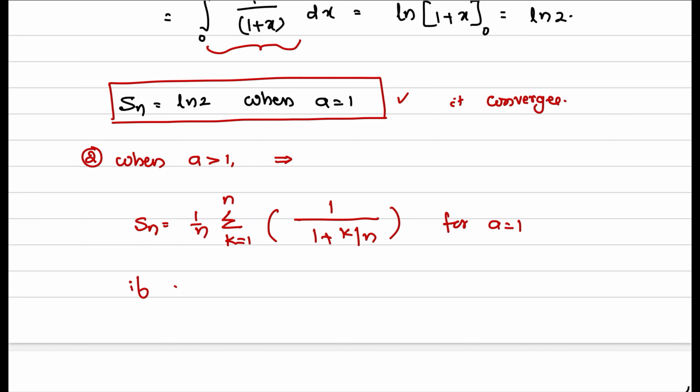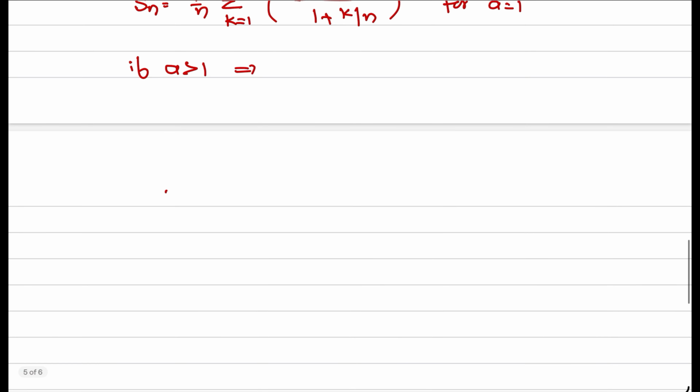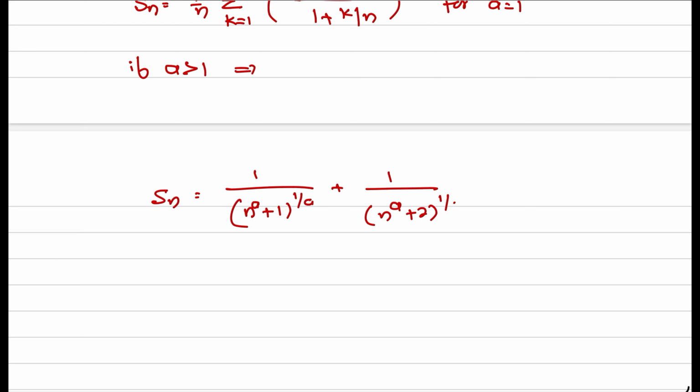If a is greater than 1, it implies the sum is equal to 1 by n to the power of a plus 1 to the power of 1 by a, plus 1 by n to the power of a plus 2 to the power of 1 by a, and so on up to 1 by n to the power of a plus n to the power of 1 by a.